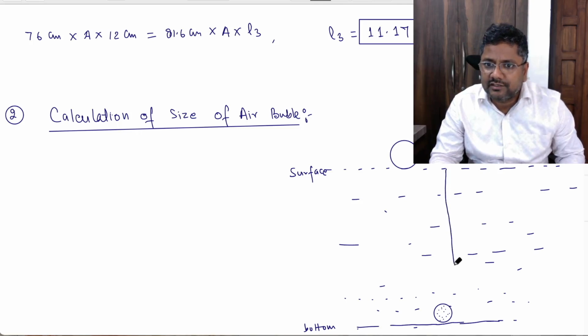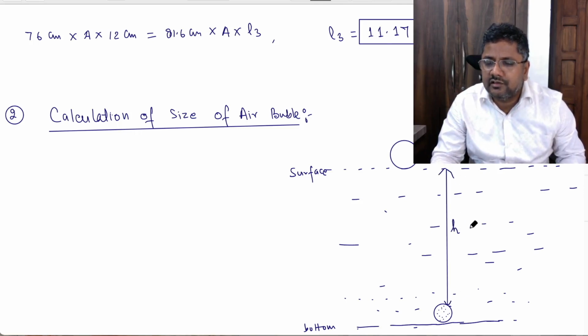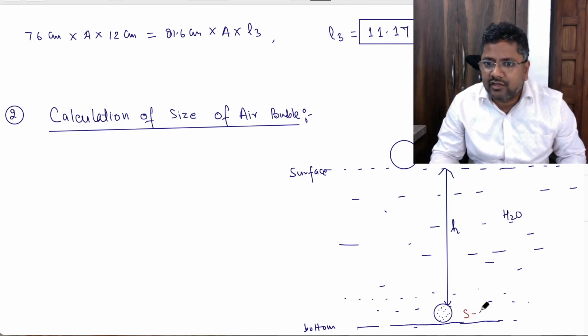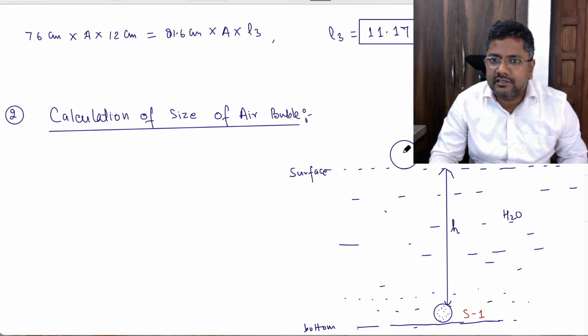So suppose that this height is h, and the density of water is given. So this you can assume is state 1, and this is state 2.